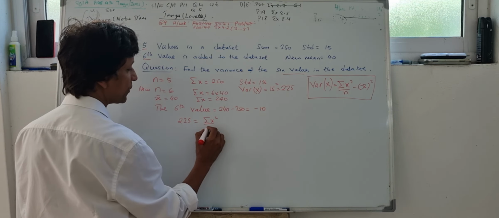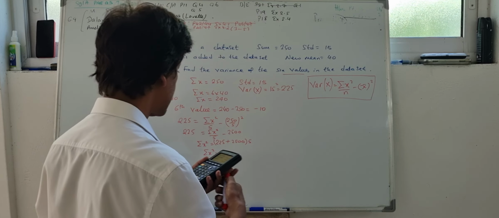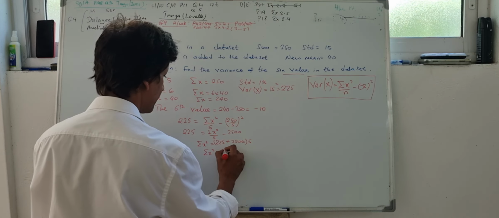That is 2,725 times 5, which gives 13,625.